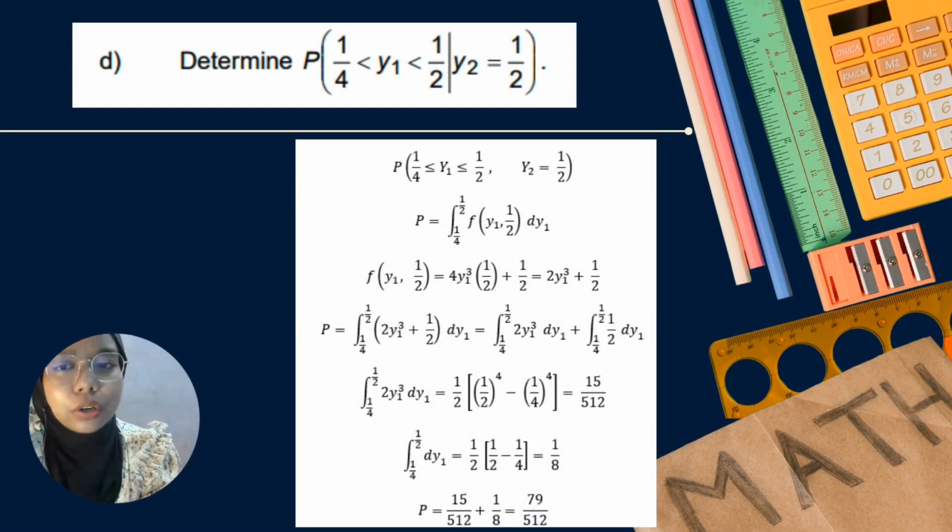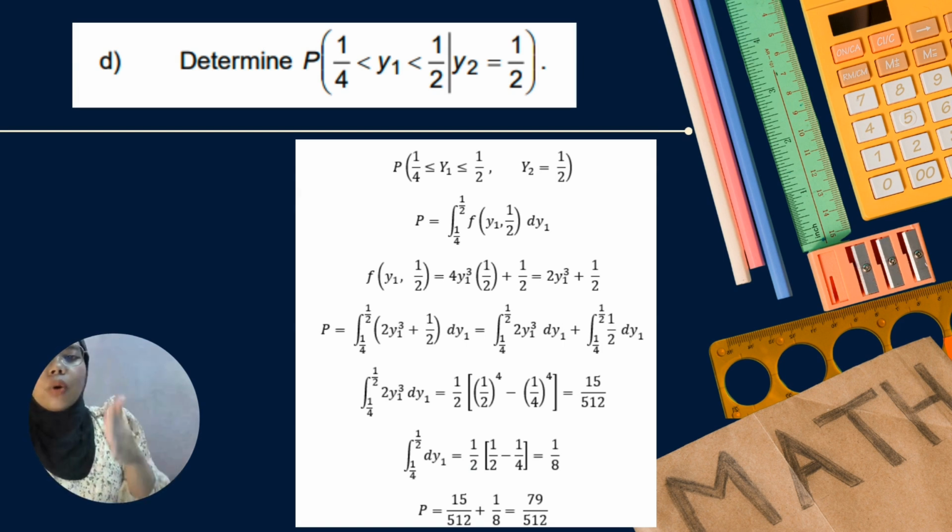To evaluate the joint PDF at y2 equals 1 over 2, for y1 in the range 1 over 4 to 1 over 2, first we have to integrate from 1 over 4 to 1 over 2, f(y1, 1 over 2) with respect to y1. By substituting f(y1, y2) equals 4 y1 to the power of 3 y2 plus y2, and y2 is equal to 1 over 2.